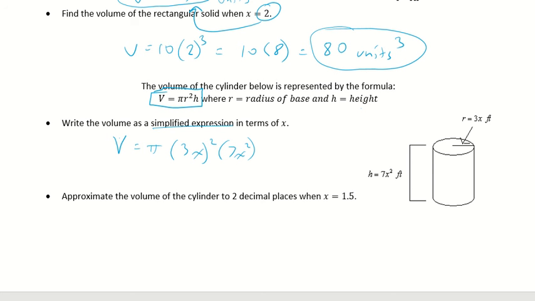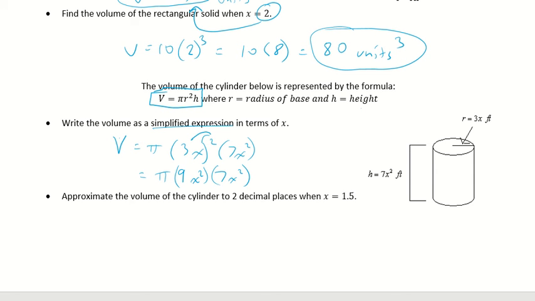Now we have a power of a product rule that we have to deal with here, where we take this exponent of 2 and square the 3 and square the x. So we have 9x squared times 7x squared, and we're still multiplying the pi.